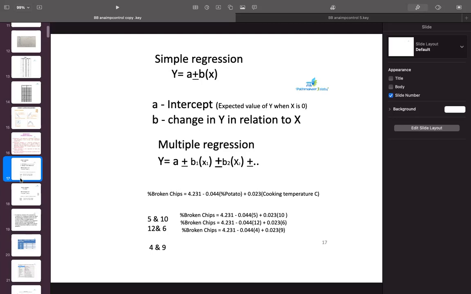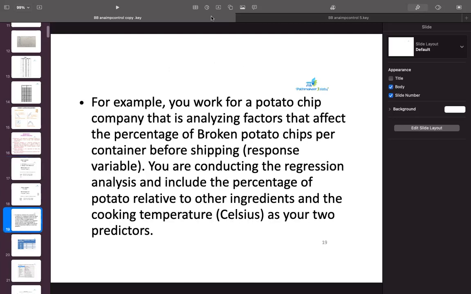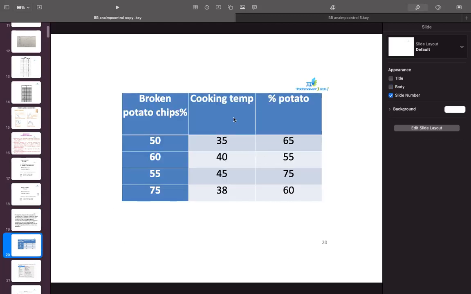Hope you remember the example we have taken, broken chips percentage. The broken chips percentage is the response. And there are two more variables we collected, cooking temperature and percentage of potato.